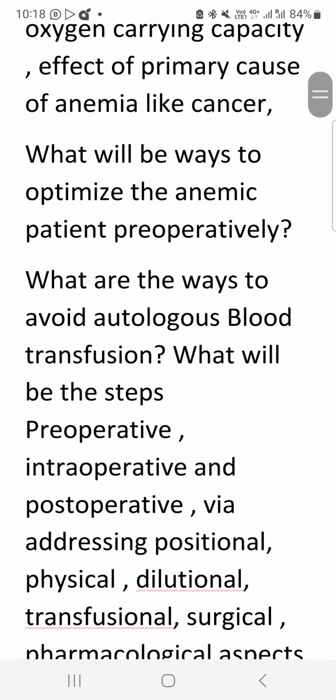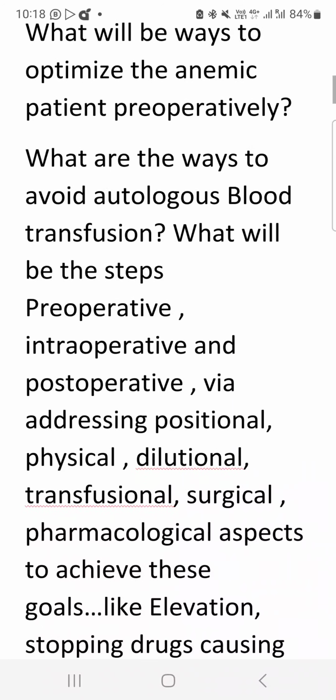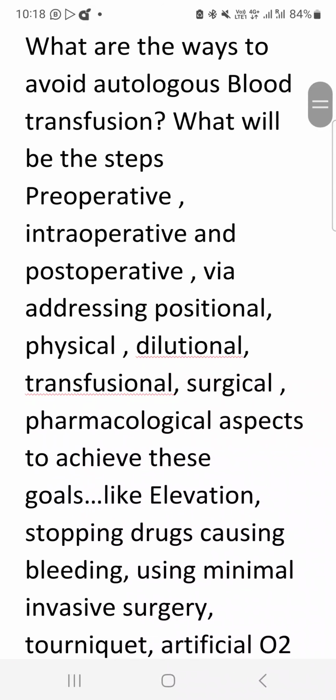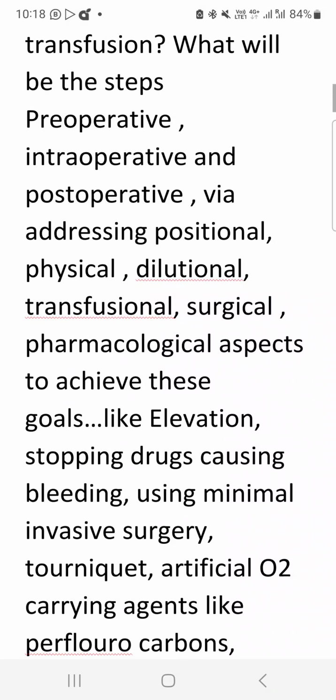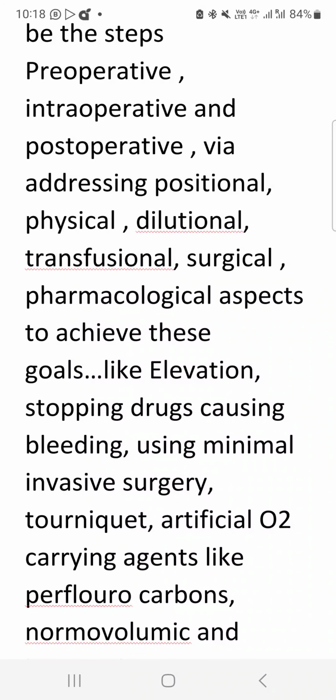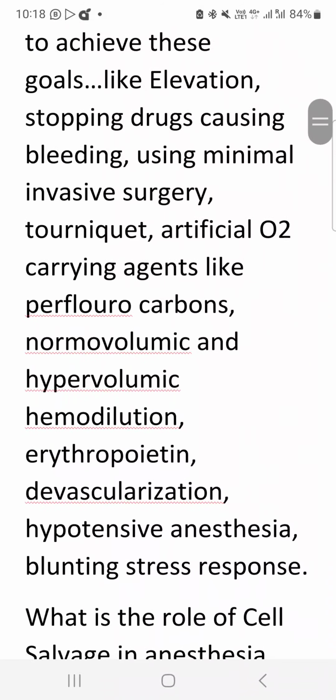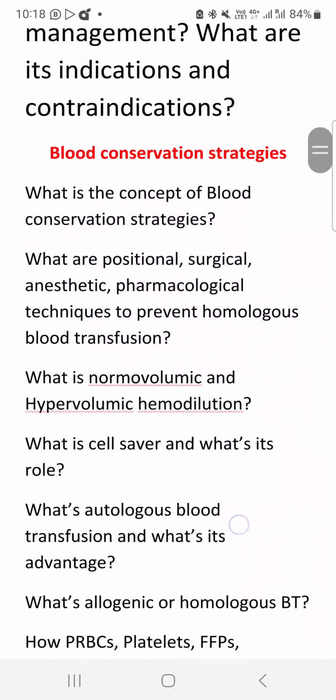There will be certain maneuvers: you will be arranging blood, using a tourniquet, positional strategies, and dilutional strategies like normovolemic or hypervolemic hemodilution. And you will avoid stress. It will be a whole package which you will be doing. So you can have a look at it.